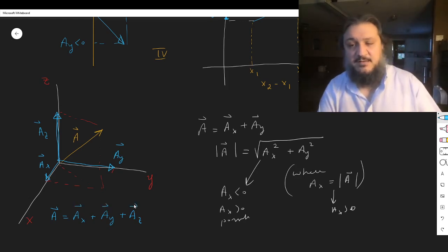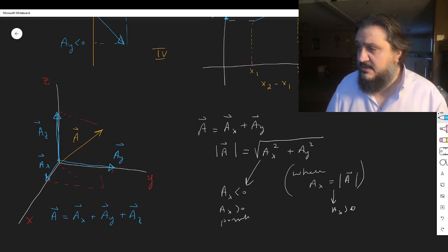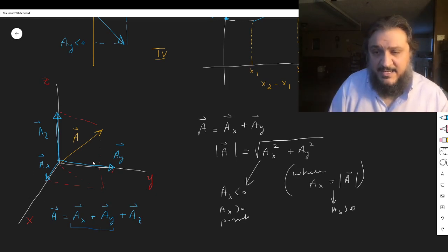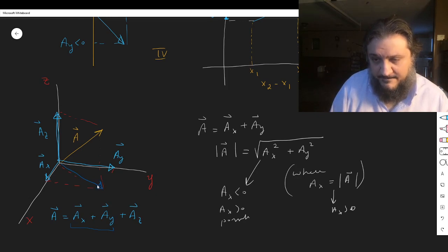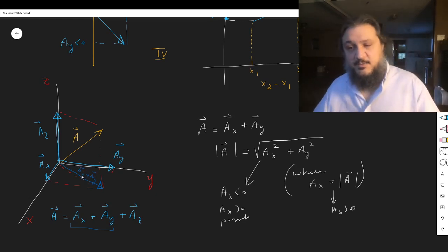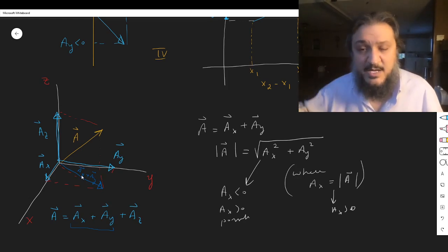Now if you have a hard time visualizing or justifying this, you can always do it by parts, meaning why don't you add ax to ay first using the parallelogram rule. Ax plus ay is this vector right there. Now once you get ax plus ay, you can forget about the xy axes and the ax, ay vectors.